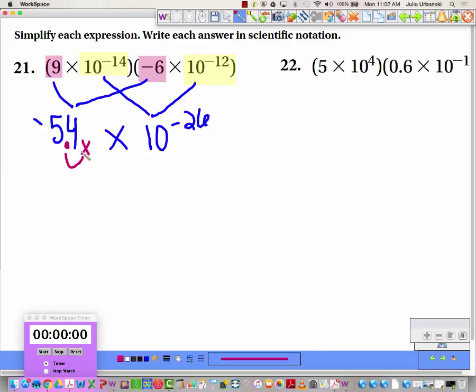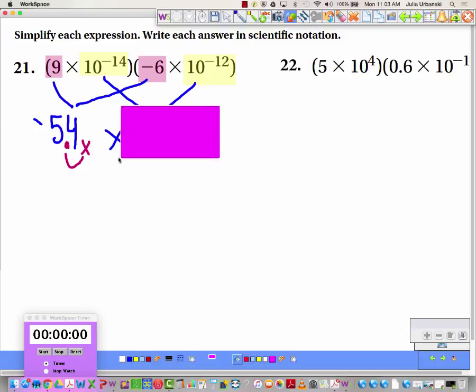What does that mean? +1, you're going to the right. Some of you are going to get to where you can do this mentally. You can think +1 minus 26. I'm going to write it all out. So that means -5.4 times 10. Hold on, watch me. Let's do it together. I'm going to ignore this just for a second. Are you concentrating? Let's do this one.